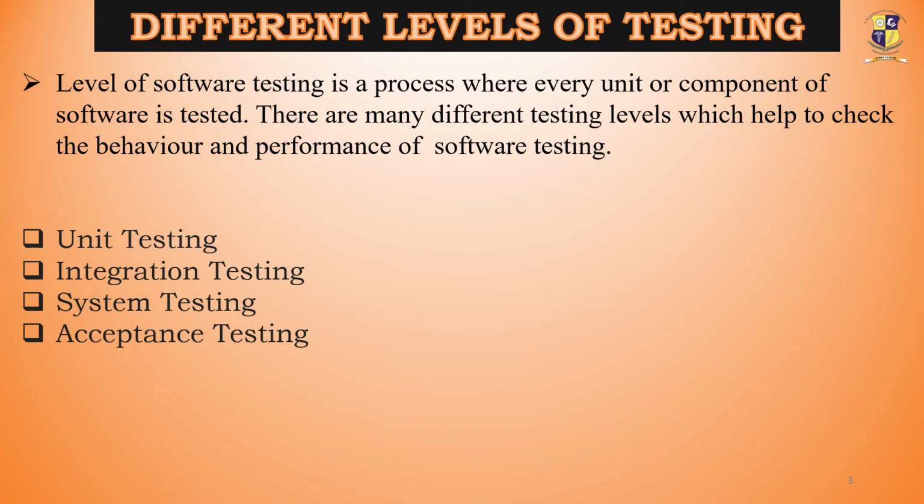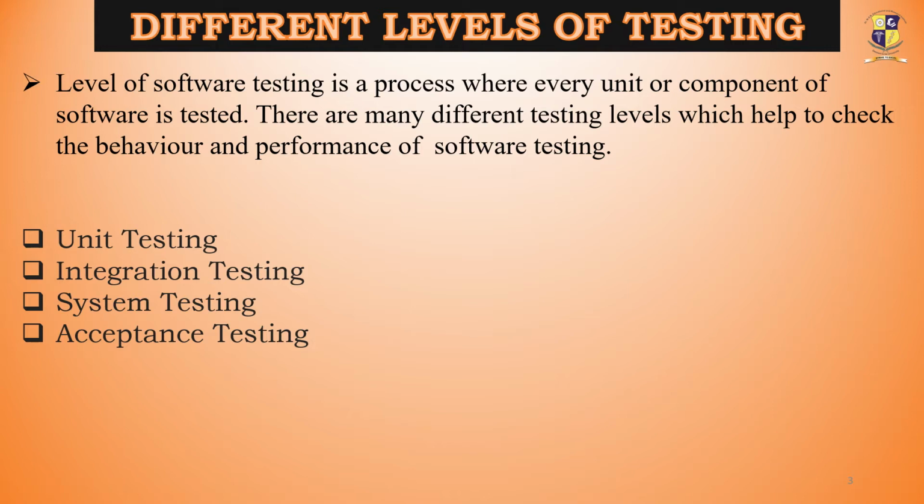First you need to understand what the different levels of testing are. A level of software testing is a process where every unit or component of software is tested. When you're building software, it comprises different modules or components, so you need to test either every unit or component of the software.